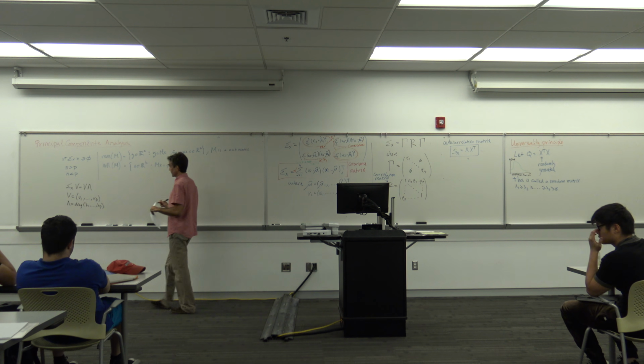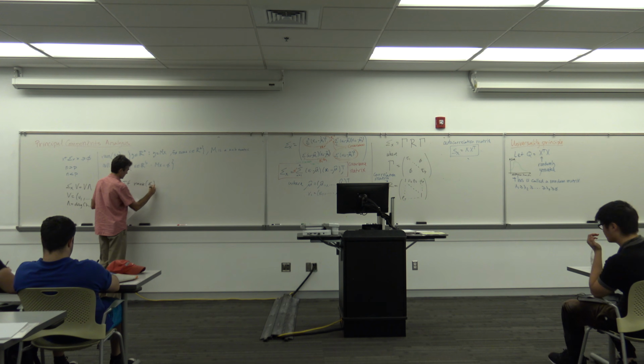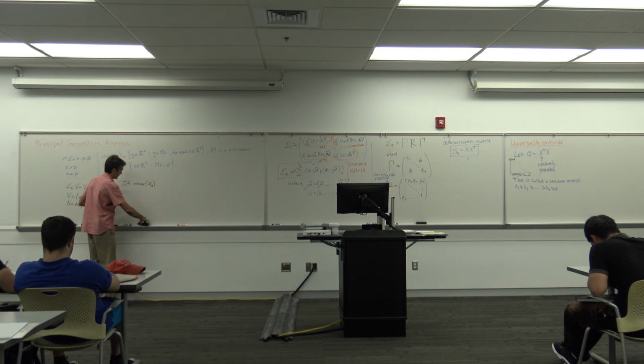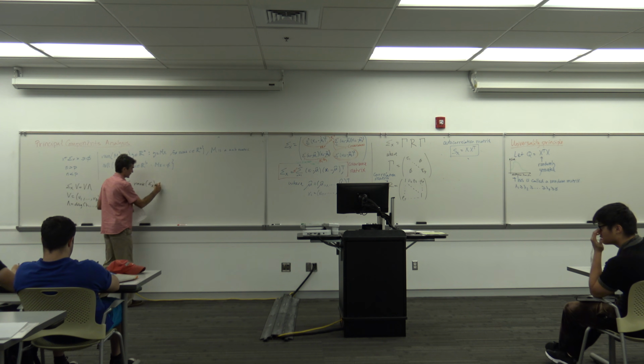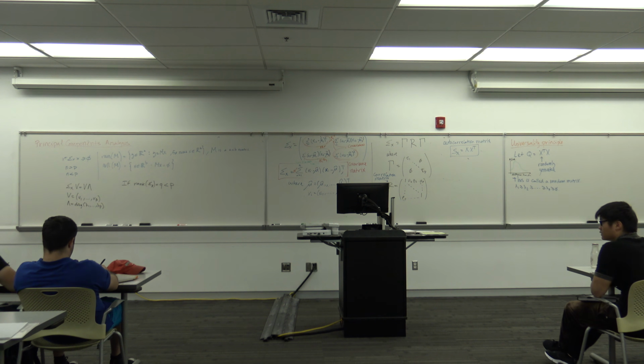Now, if the rank of sigma x, let's call it Q, is smaller than P, then what does this mean?